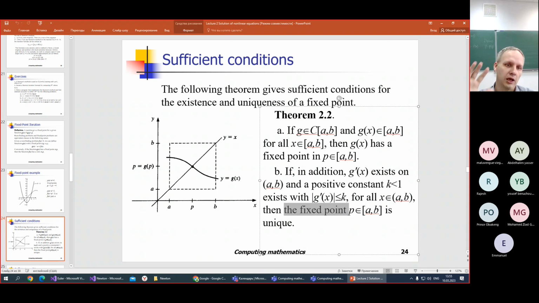So I repeat again, if the function lies somewhere here inside this square, and if the derivative of this function is smaller than k, where k is smaller than 1, then the fixed point is unique.